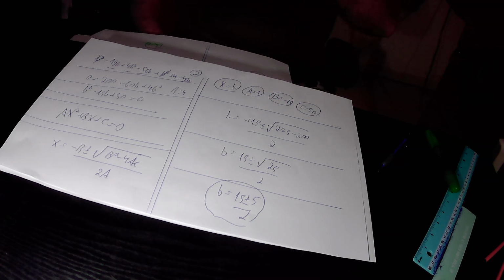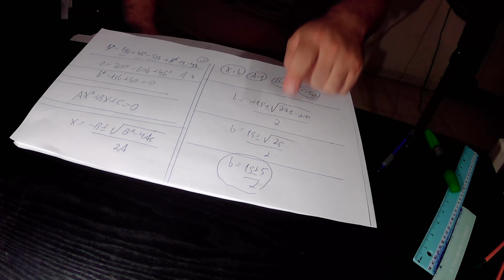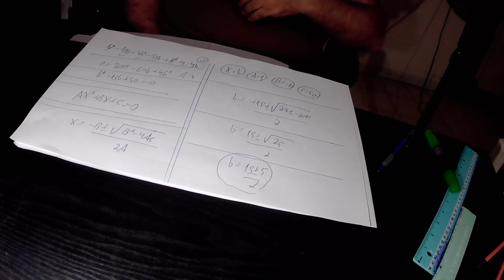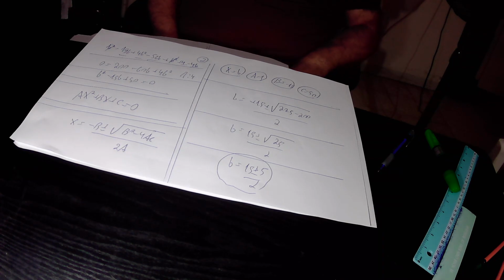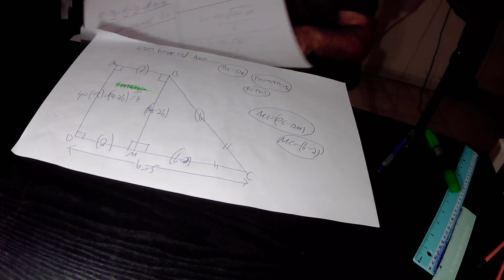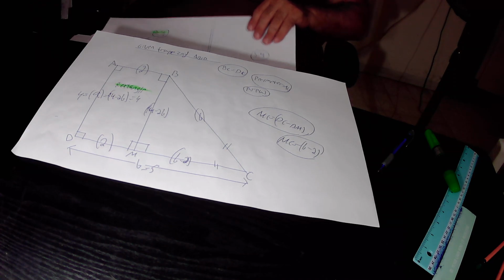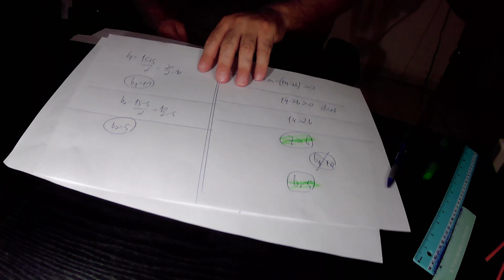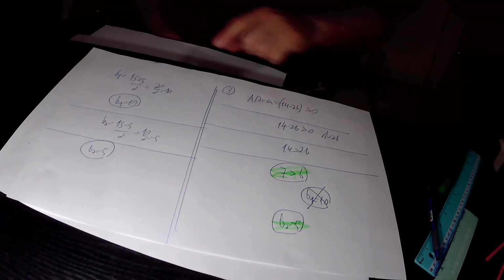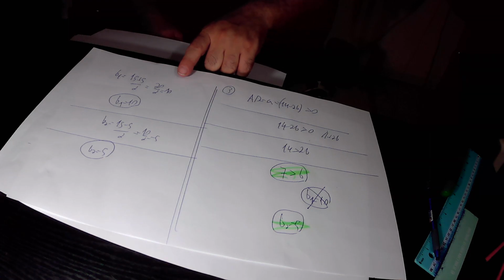So we found that b equals 15 plus minus the square root of 25, which is 5, divided by 2. So here we have two possible solutions for b. The first solution for b will be b1, and b1 is equal to 15 plus 5 over 2. 15 plus 5 is 20, and 20 over 2 is 10.